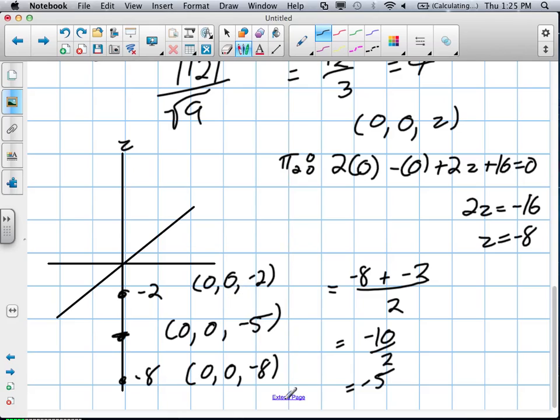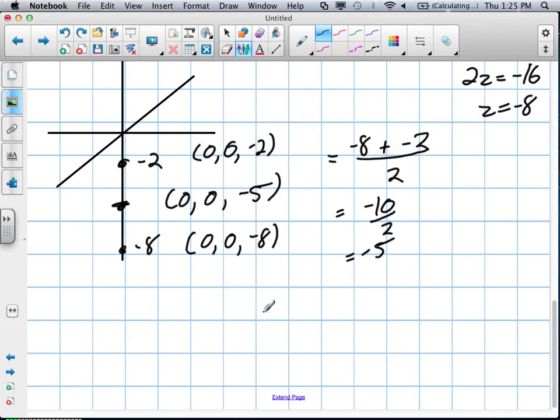But they want the formula for this plane. Well, we know it will be parallel, so we know that our third plane, we're going to call it plane number 3, the normal will be the same, so we're still going to have 2x minus y plus 2z. The only thing is we don't know the d value. It'll be equal to 0. We're going to plug in our point at 0, 0, negative 5.